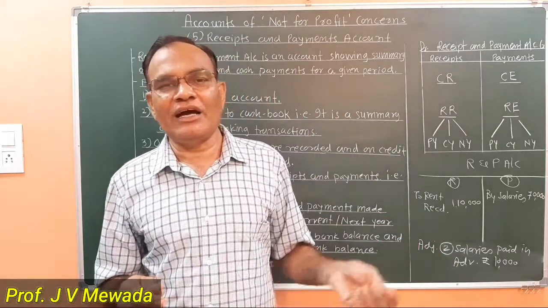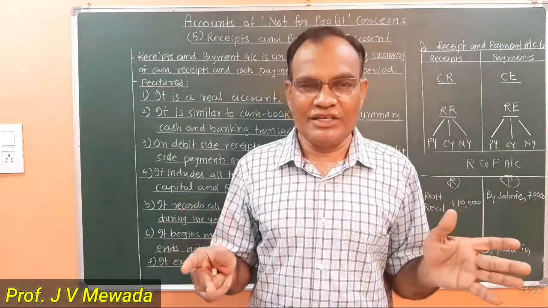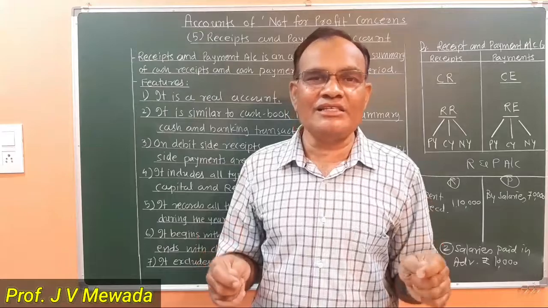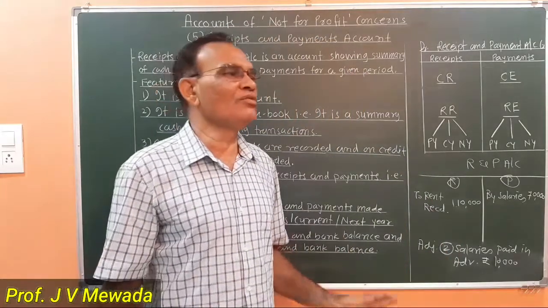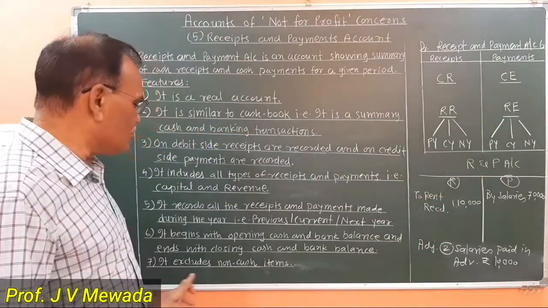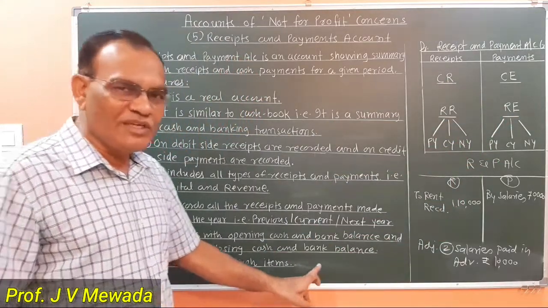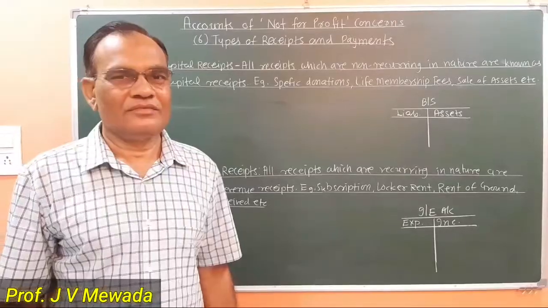They are the adjustments, and because of adjustments we have to pass certain entries. So depreciation, bad debts, these are the items which are not the cash transactions. So they are not included in the receipt and payment account. So we are told that it excludes non-cash items. It means it records only cash transactions.